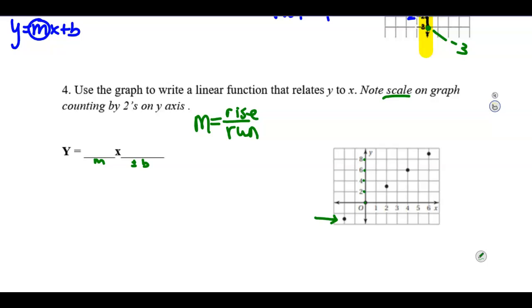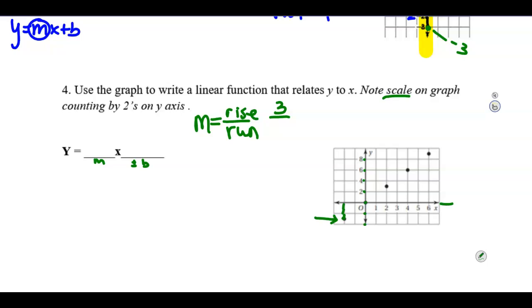So if this is 0 right here, it'd be -2, -4. So what's in the middle? That's actually -3. So I'm starting here, so each half of the box is counting by 1. So I go up 1, and then up 2, and then up 3. So I actually rose 3. I had to be careful with my counting.